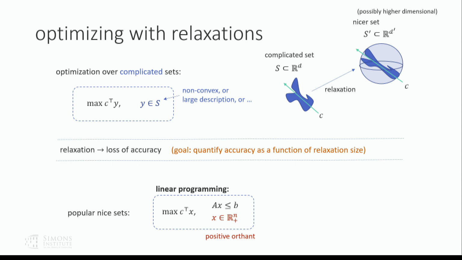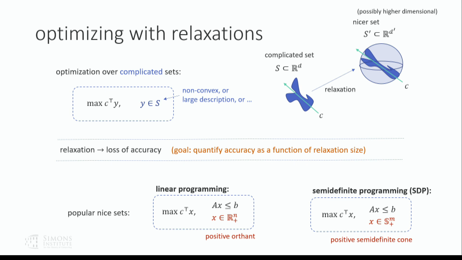Okay, so some popular and nice sets include linear programming. So here we are maximizing over the positive orthant subject to linear inequality constraints. Another popular type of nice set is semidefinite programming. So here we're optimizing over the PSD cone, again subject to linear constraints.